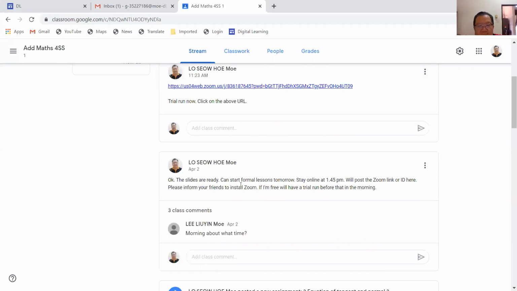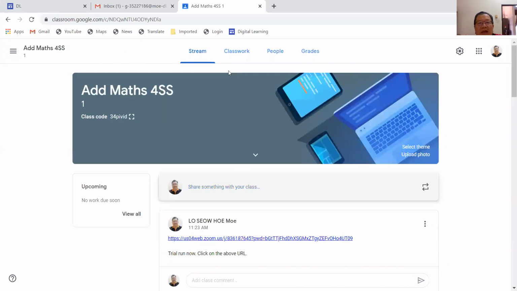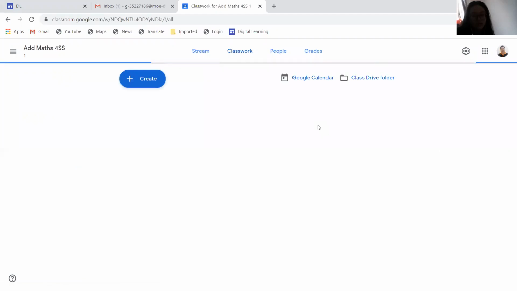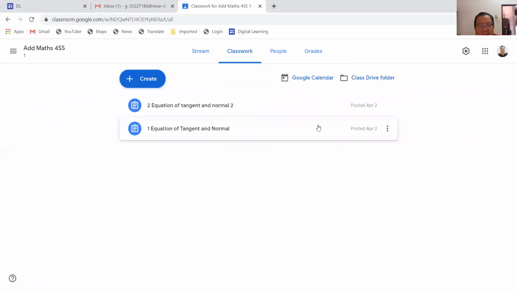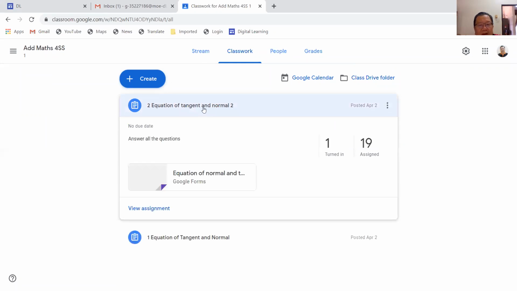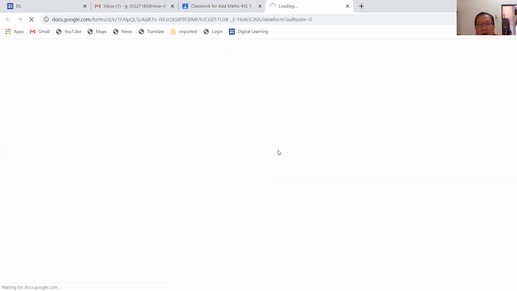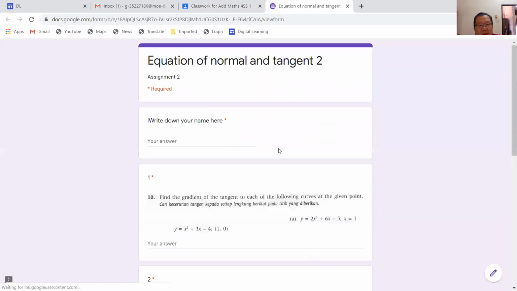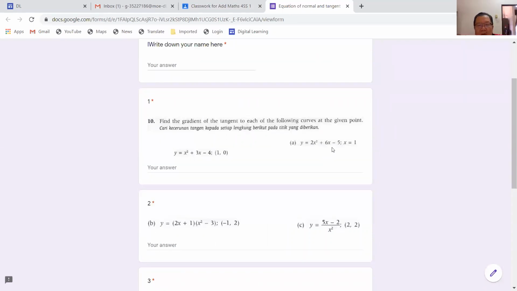In Google Classroom, we move on to classwork, right? The questions are all here. The top one is the simpler one. The bottom one is the more difficult one. So there, you can see these questions. Only two or three girls have answered.